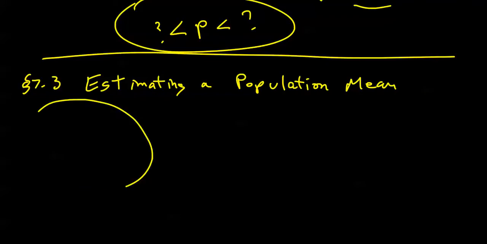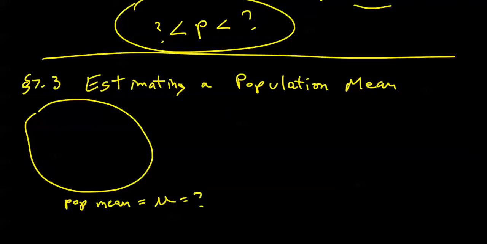Alright, again in wide strokes, we're considering a large population with perhaps billions of elements in it. Our population mean, you may recall the symbol for population mean is the Greek lowercase letter mu. And typically, we never really know what mu is. No way to find out exactly because we've got millions, maybe billions of elements in this huge population.